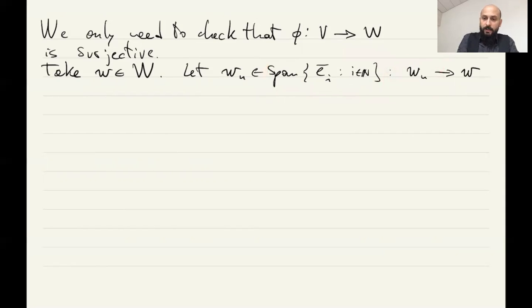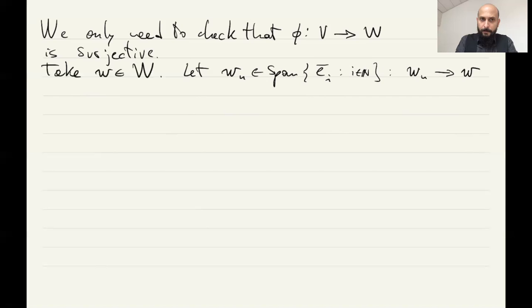Now each of these w_n is in the span, so it is in the image of phi. Before that, since w_n converges to w, in particular w_n is Cauchy. It's a very similar argument to before.